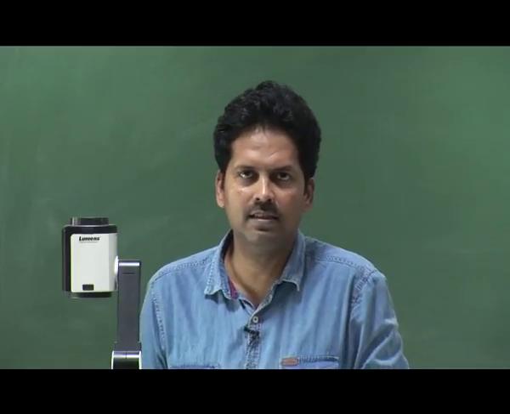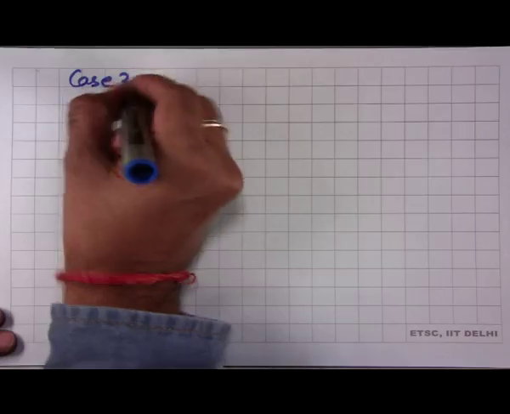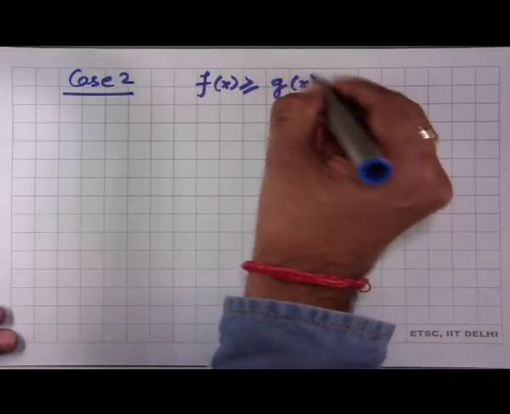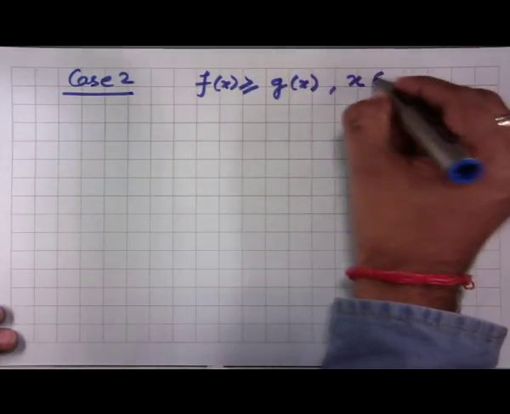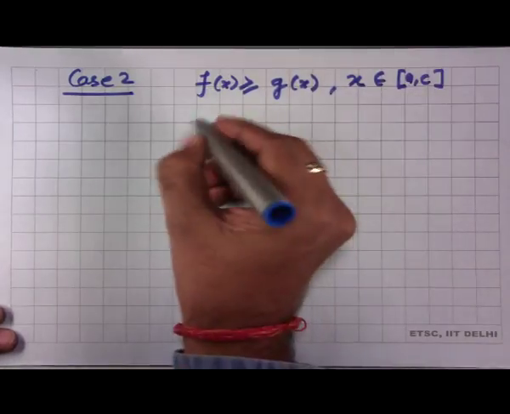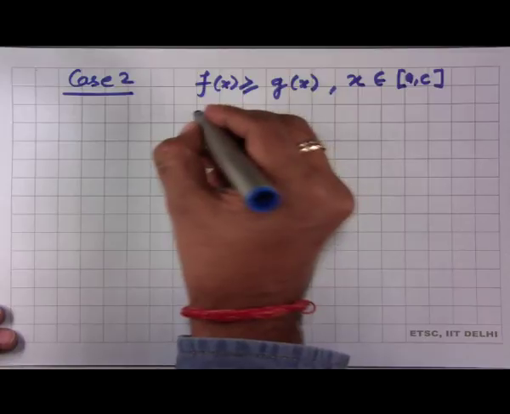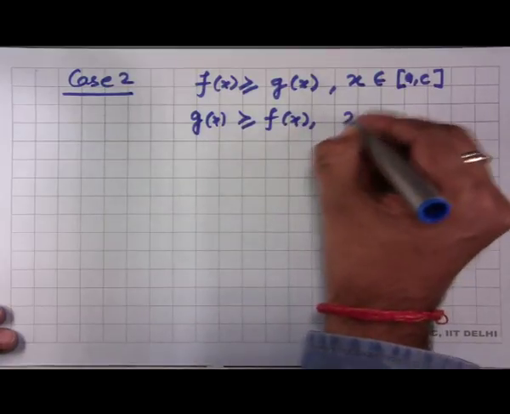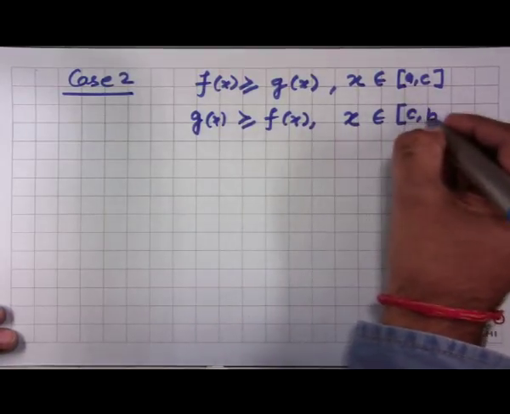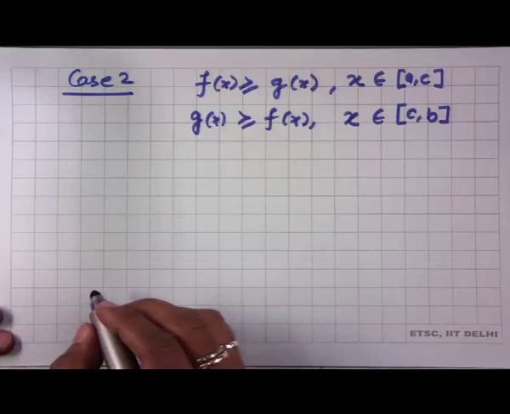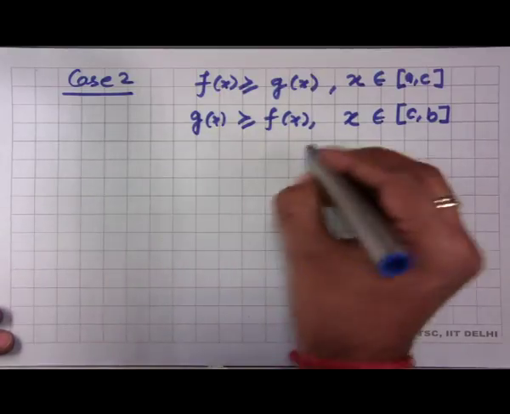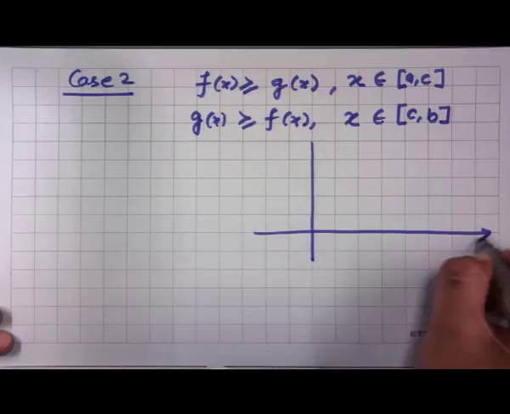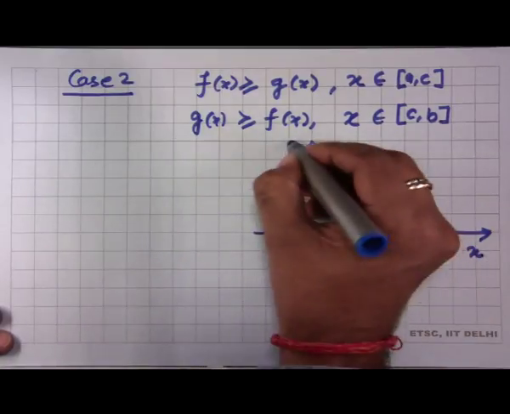Let us take another case 2, where f(x) dominates g(x) when x belongs to the closed interval [A, C], and g(x) dominates f(x) when x belongs to [C, B]. The situation can be represented graphically as follows.